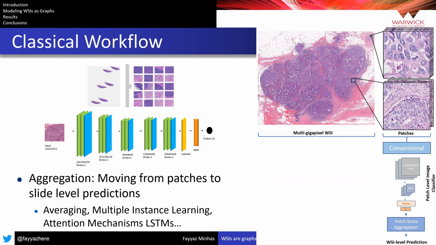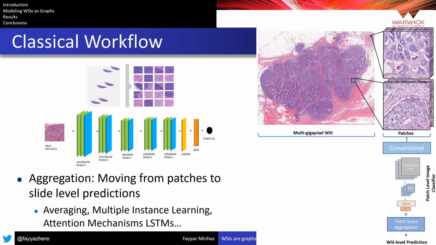And the aggregation problem is an unsolved problem in machine learning, and there are a bunch of different types of solutions, ranging from taking the most positive patch within a given image to taking the average of the prediction scores of different patches within an image.